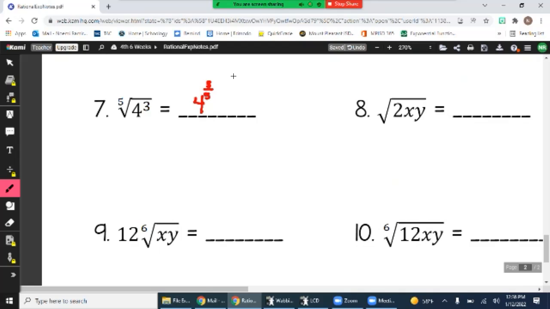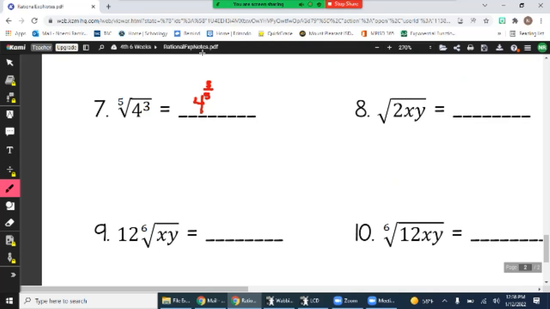Look at 8. How many powers do we have under the radical symbol? 3. But since they're all under the radical symbol, what have we learned that helps us keep them together? Fraction. Just think about that.